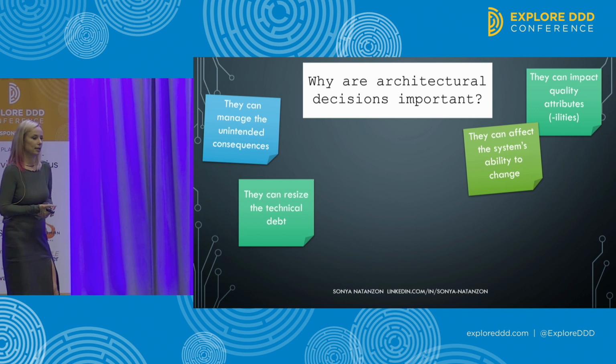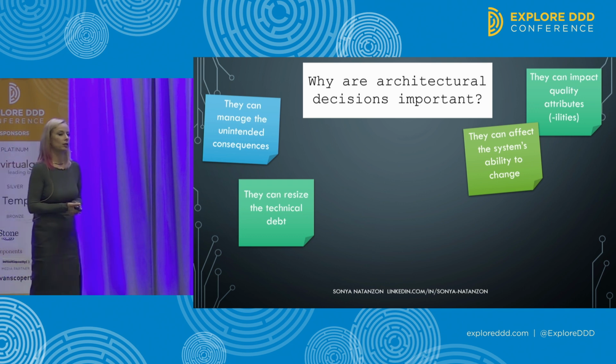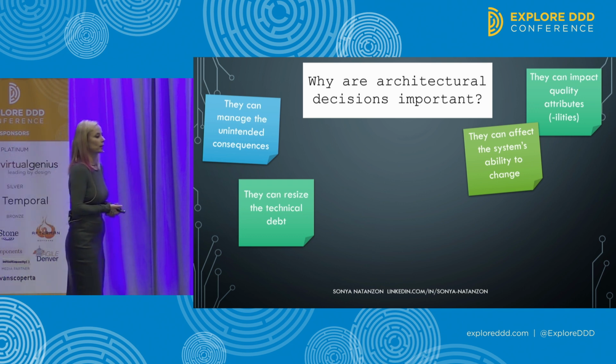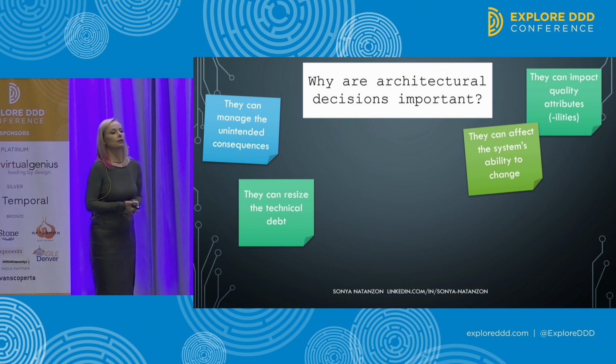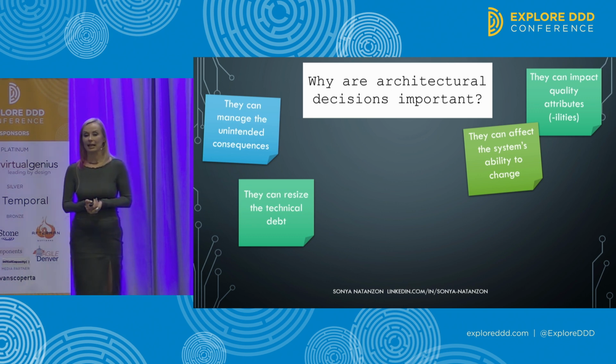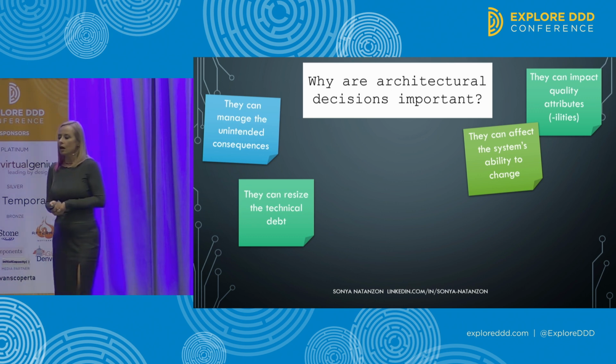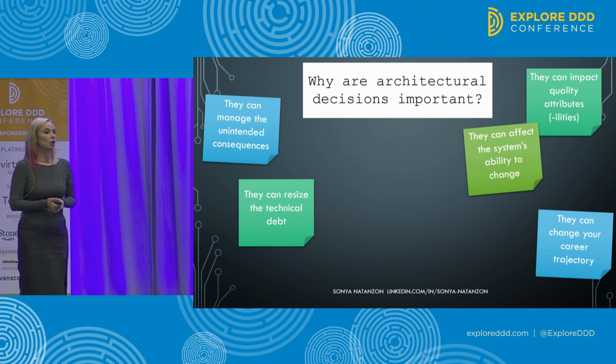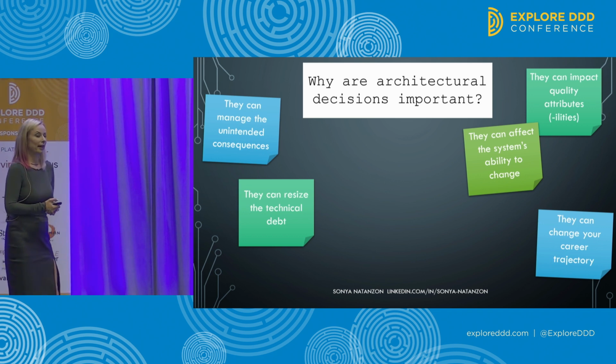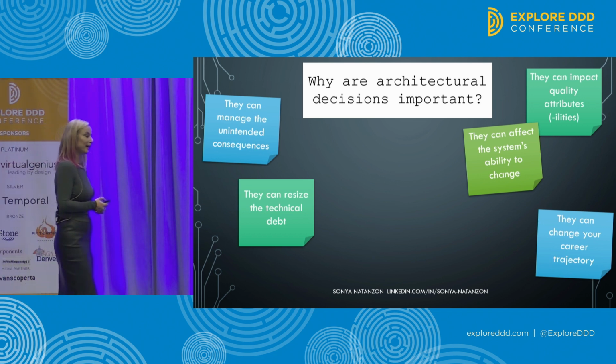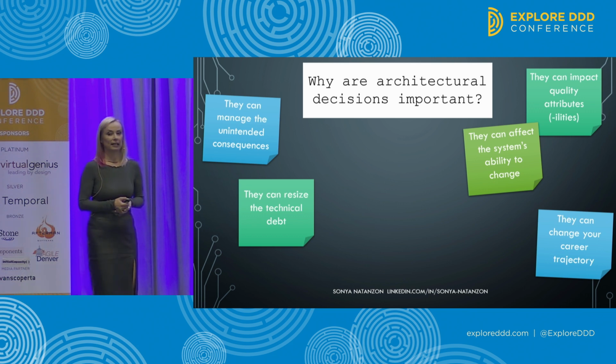And if you're listening to the verbs here, they're all very neutral without any value judgment. Decisions can resize your technical debt. Your decision can make it bigger, can make it smaller, and either one of those might be the right decision at a time. They can even change your career trajectory. You make good decisions, you get promoted. You make bad decisions, you get fired. Sometimes it's the other way around.